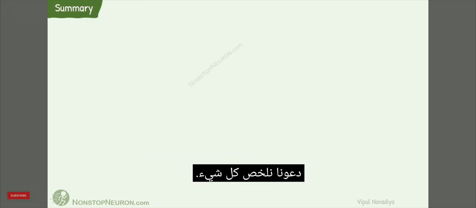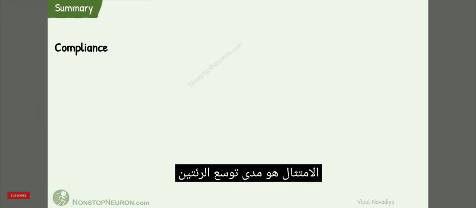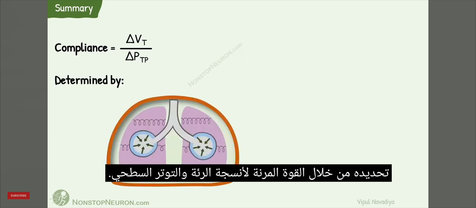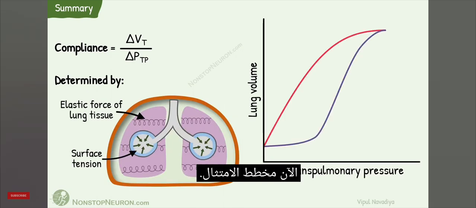Let's summarize everything. Compliance is extent to which lungs expand with unit increase in transpulmonary pressure. It's change in lung volume divided by change in transpulmonary pressure. It is determined by elastic forces of lung tissues and surface tension. Now compliance diagram.